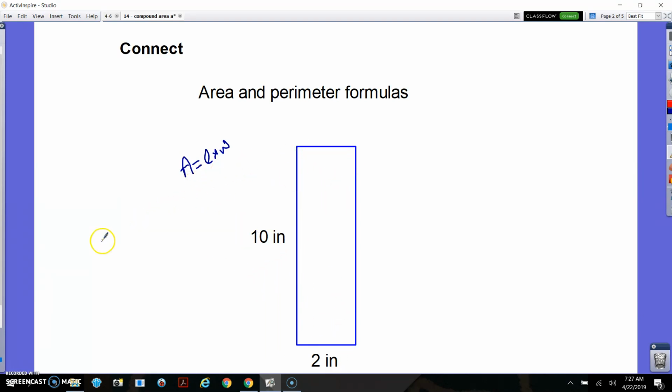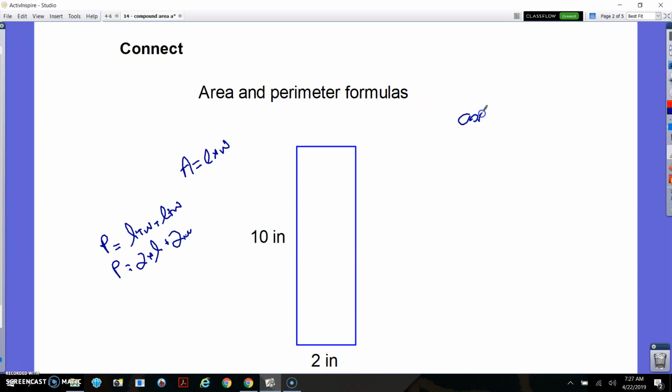And the perimeter formulas were length plus width plus length plus width, or the length twice and the width twice, or 2 times the length plus 2 times the width.